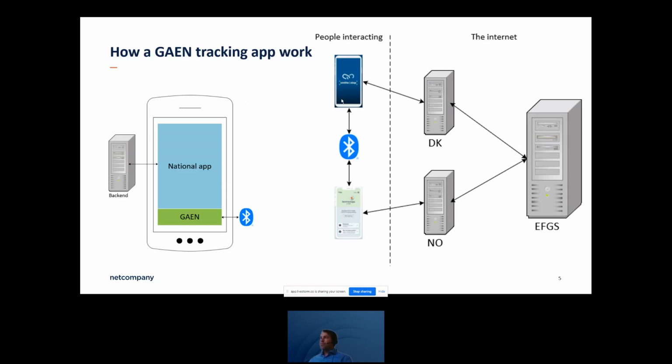If the configuration says, for instance, you have to be close to each other for 13 minutes, let's say, then you have been in close interaction, and the keys that are shared have potential for an infection report. Then the app will share it with the backend, and the backend will share it with the European collaboration, EFGS, as they're called, which will then send it to the other participating nations, and in that way the exposure notification will work across borders, in this case in Europe.